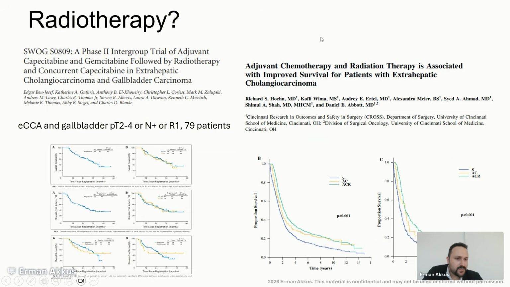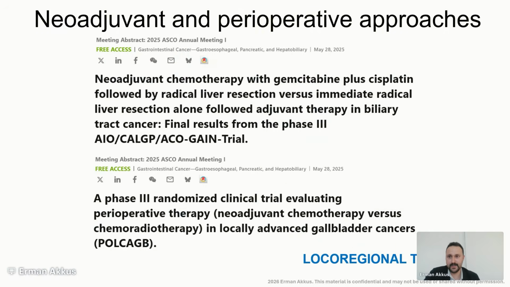And the large real-world data from a US registry database showed that adjuvant chemotherapy or chemoradiotherapy is beneficial compared to surgery alone. But we don't know whether adding radiotherapy to chemotherapy is beneficial or not. So we don't have data for this yet.